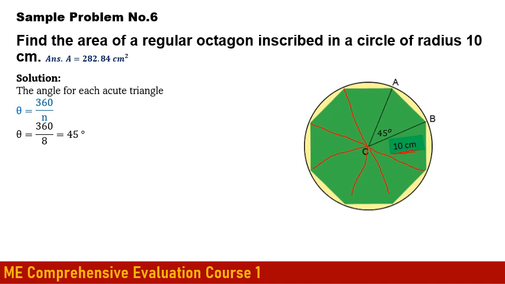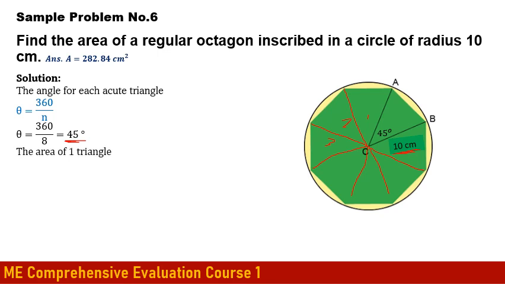All of these are equal. So we have this 1, 2, 3. If you count all of that, that is actually equal to 8. And we know that the total of all of this, since that is a complete revolution, is 360. So 360 divided by 8, that's how we get each of the central angles as 45 degrees. So that's why we have here 45 degrees.